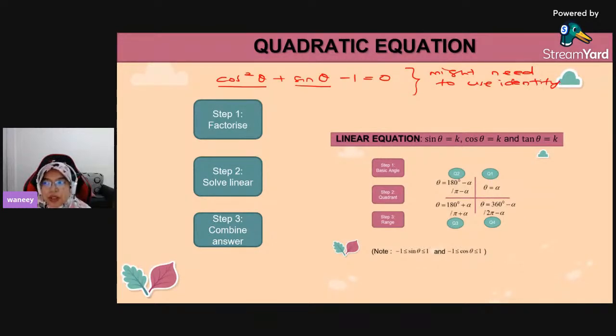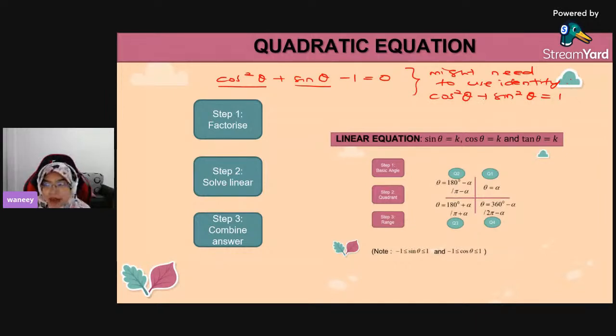Therefore, you need to have your identity ready with you. Okay, so what is the identity? So cos square theta plus sine square theta is equal to 1. And then we actually got another 2, right? Involving the cotangent, cosecant, and secant square.